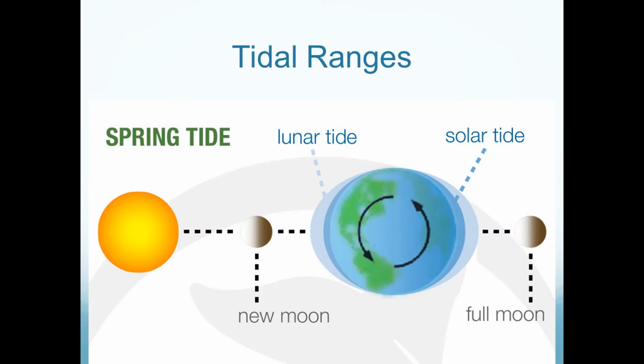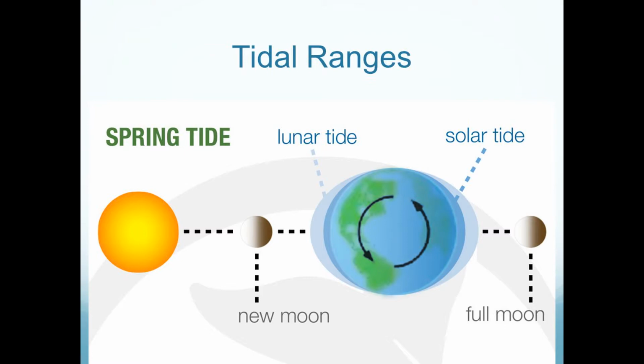If you have a full moon, then the moon is on the other side of the Earth, so you have sun, Earth, moon. When you have a new moon, the bulge next to the moon would be known as the lunar tide, and on the other side it would be known as a solar tide.